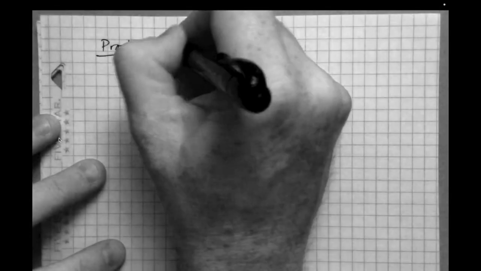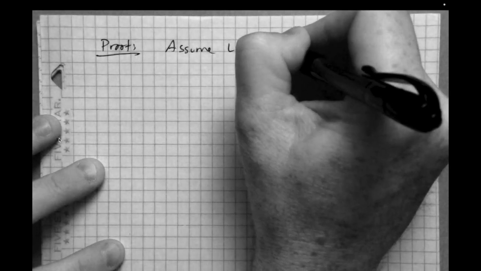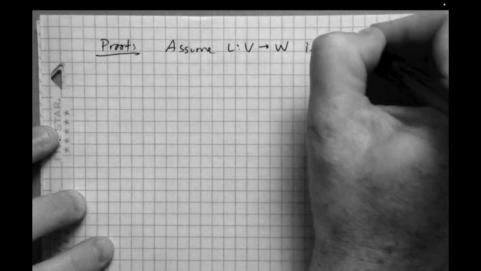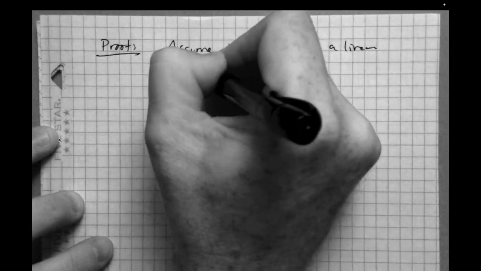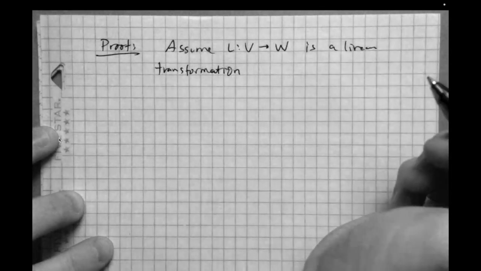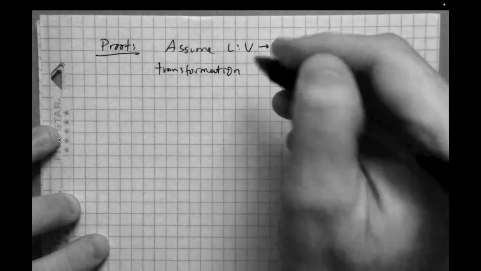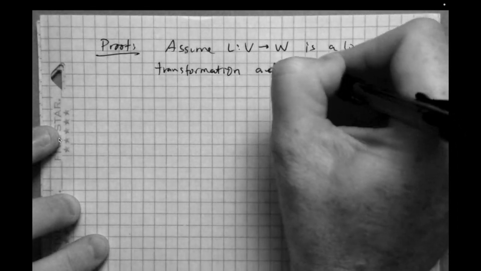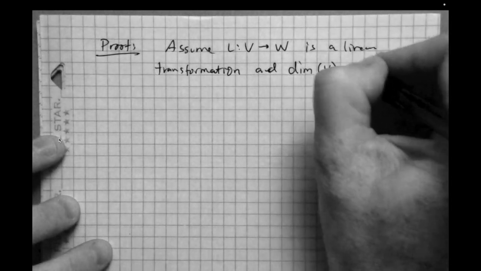We're going to assume that L is a linear transformation from a vector space V to W. And the other thing we have to assume is that the dimension of V is finite.